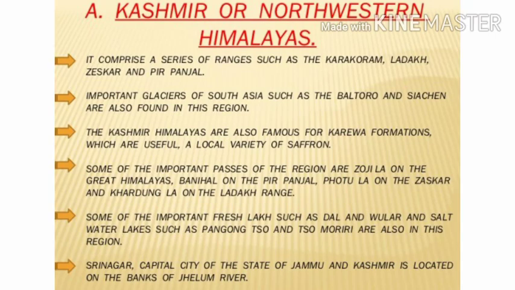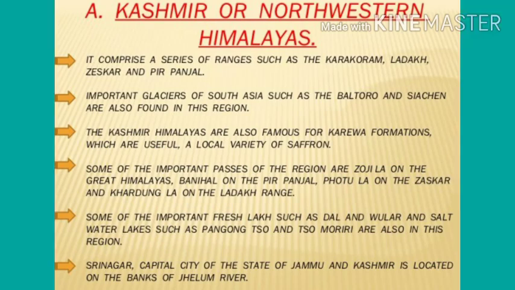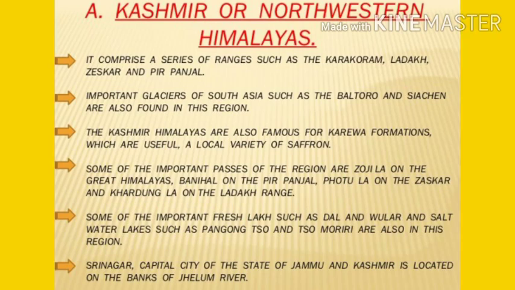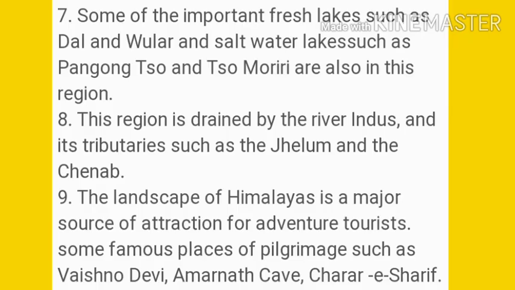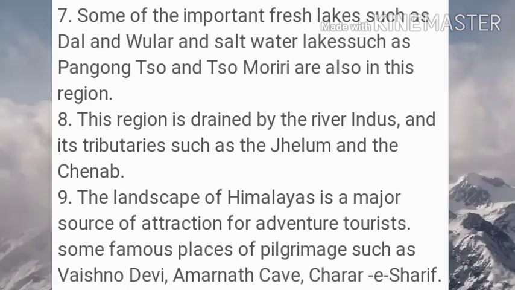Important passes of the Northwestern Himalayas are Zoji La on the Great Himalayas, Banihal on the Pir Panjal, and Khardung La on the Ladakh range. Important freshwater lakes are Dal and Wular, and saltwater lakes are Pangong, Tso Kar, and Tso Moriri.